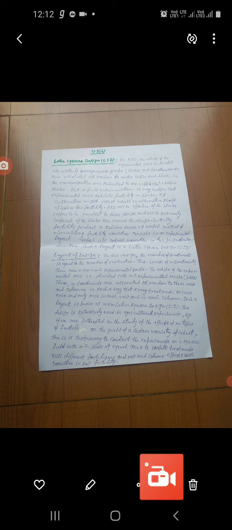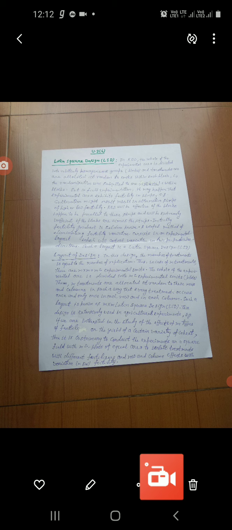It controls the variation in fertility in two perpendicular directions, and such a layout is known as Latin square design.